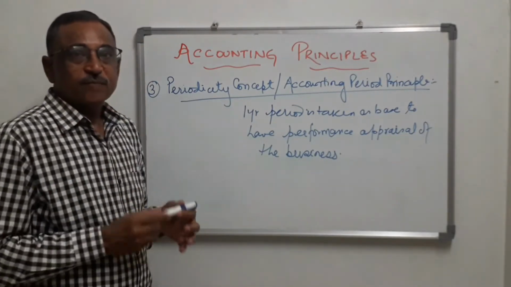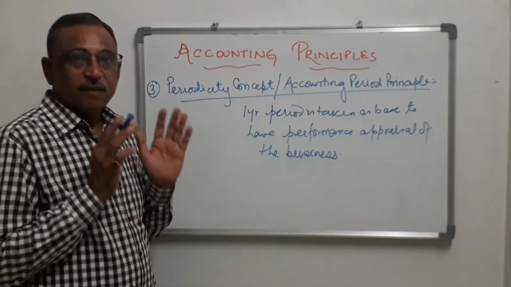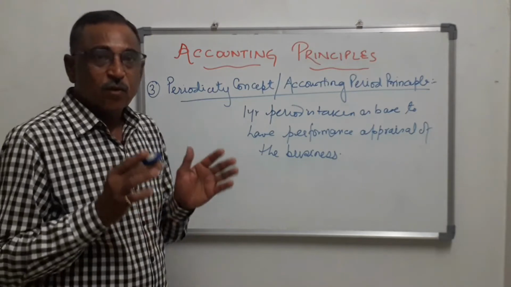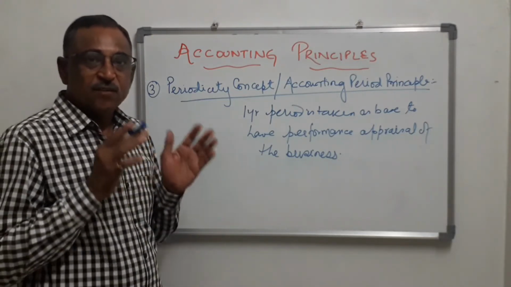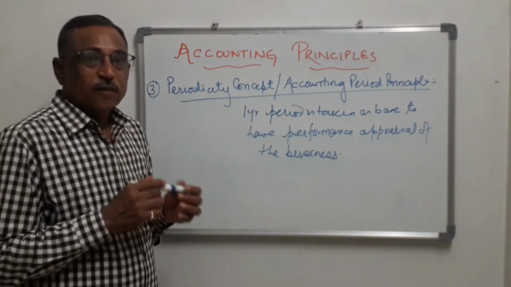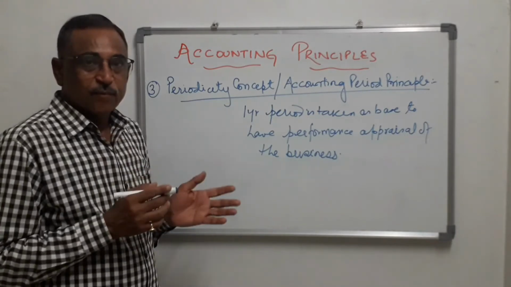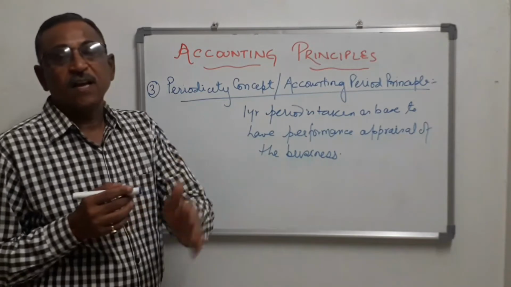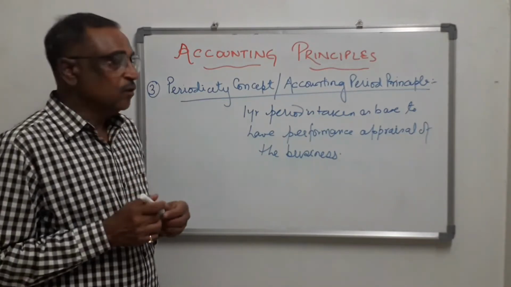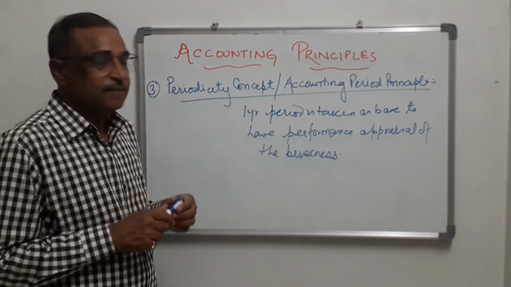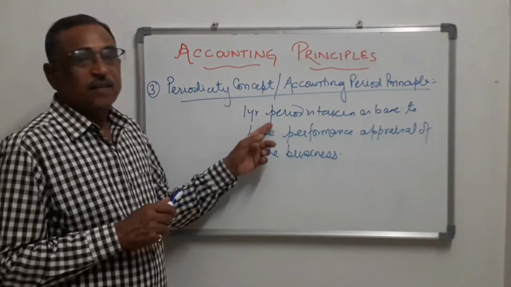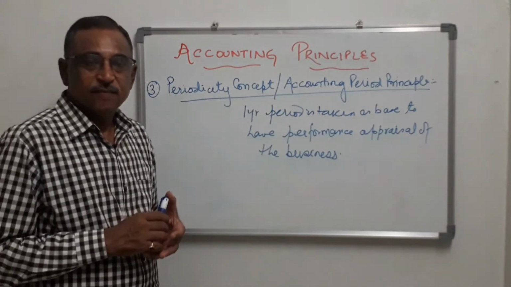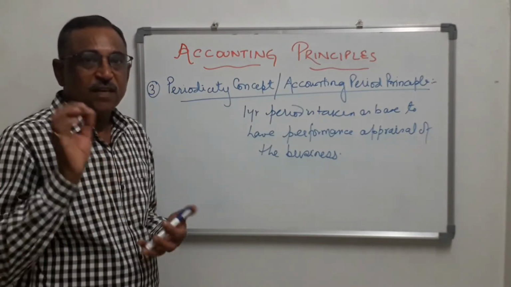Since it has been assumed earlier that the business will go on forever, it is a going concern. So it is not wise to prepare your financial position or income after the end of the life of the business entity. So it has been accepted that a 1 year period should be the base to find out your performance and your financial position as on date.